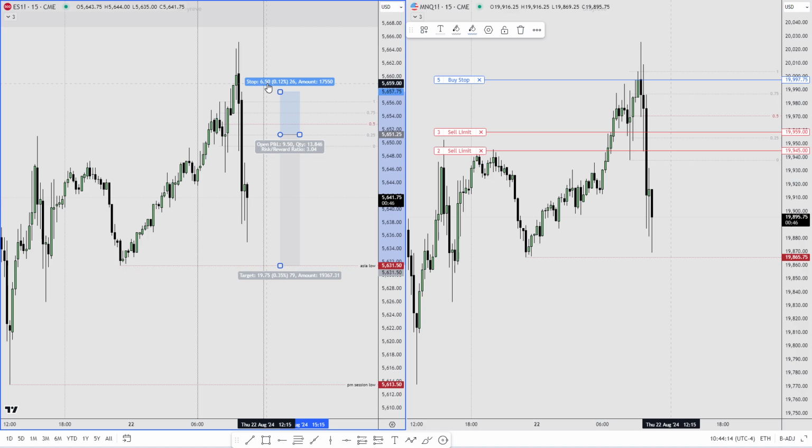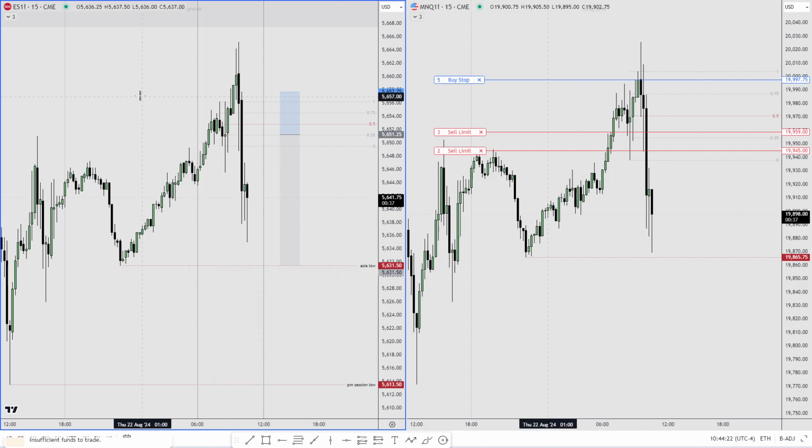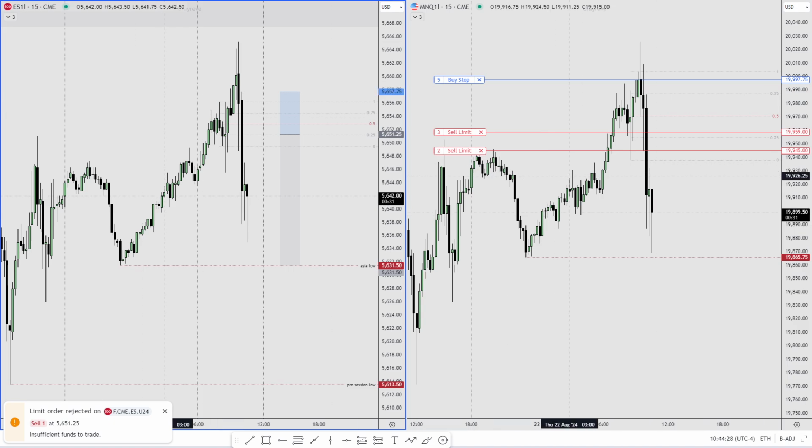Other than that, it is not going to be good. So one, insufficient funds, over leveraged.